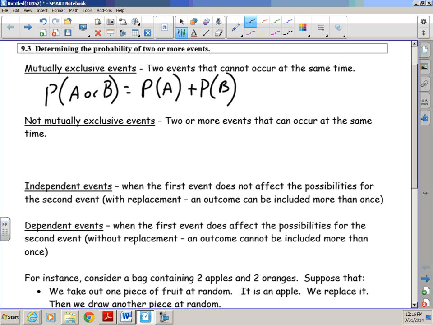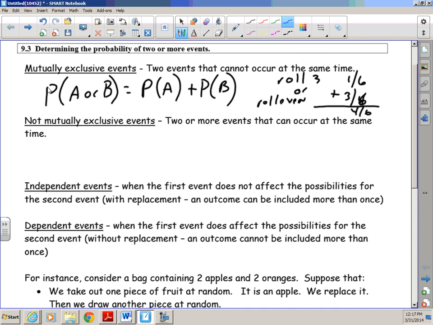So, for example, the probability that I roll a 3 or roll an even number. Well, the probability that I roll a 3 is 1 out of 6. The probability that I roll an even number is 3 out of 6. So that combined probability is 4 out of 6. Okay?